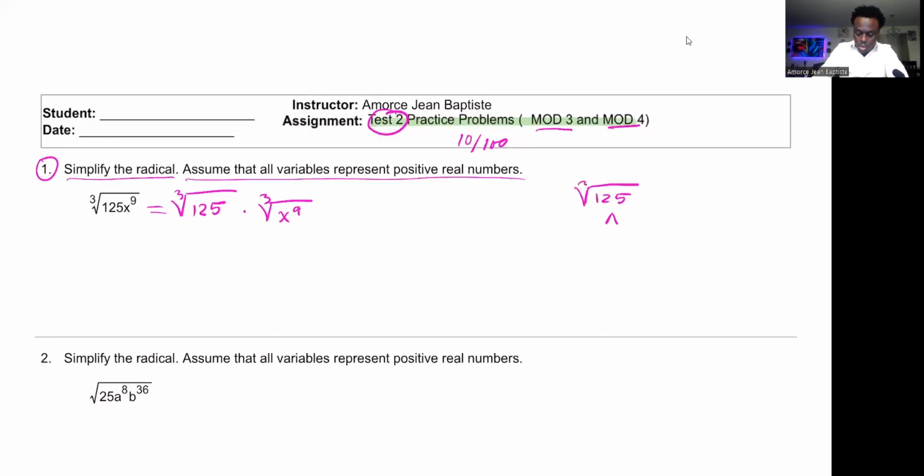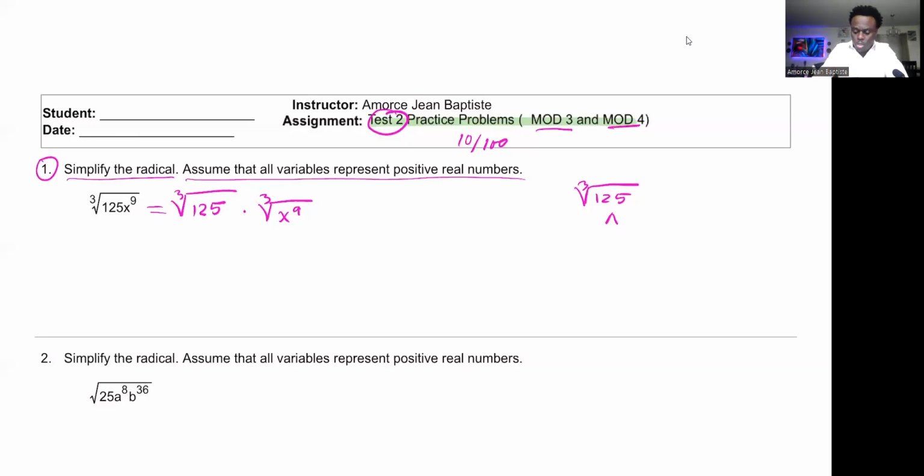We know that to solve your radical manually, you have to break this number down into prime factors only. So the end of your factor tree should only be prime numbers.